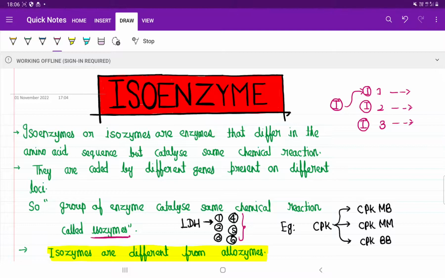CPK-MM is present in our muscles and CPK-MB is present in the heart, right? They all have the same function. They convert phosphocreatine into creatine, and when phosphocreatine loses its phosphate group, it produces some energy, and that energy is used by muscle instantly.